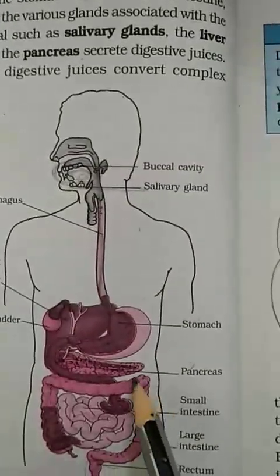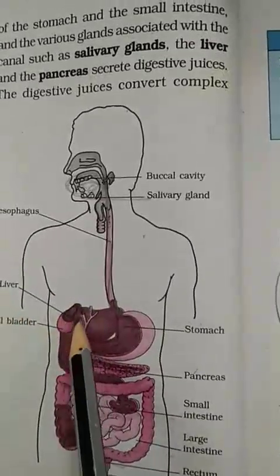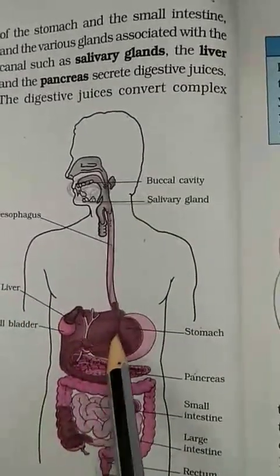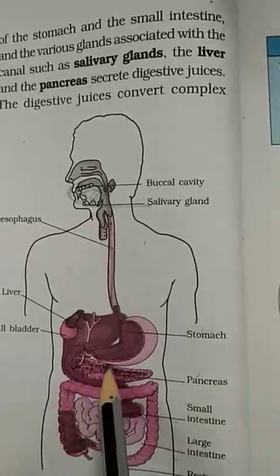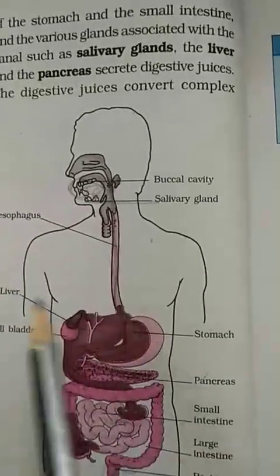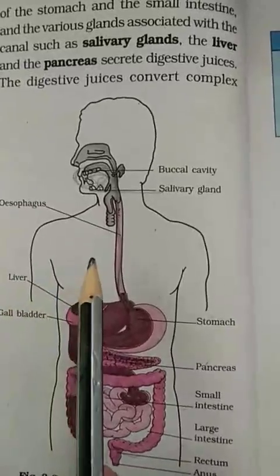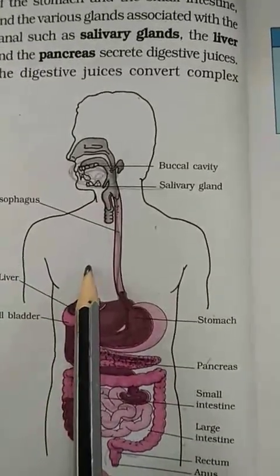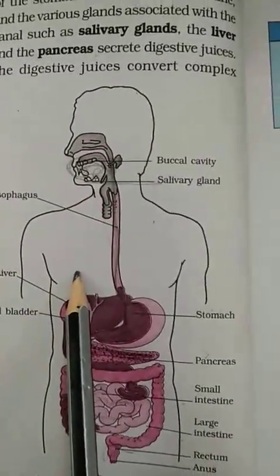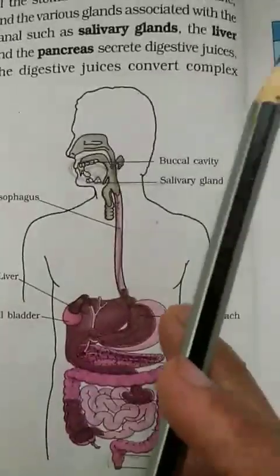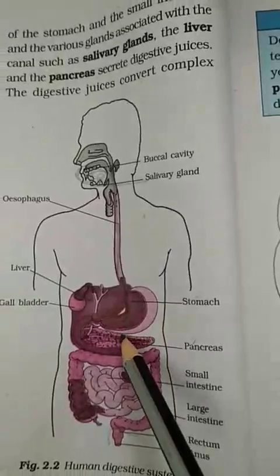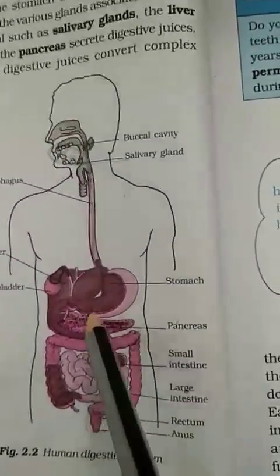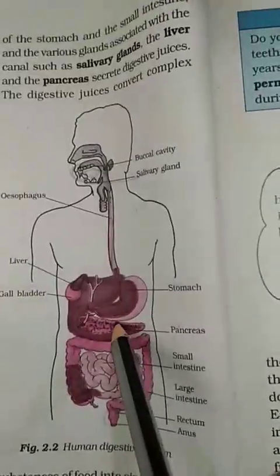The liver is present over here beside the stomach, and the pancreas, which you can see below the stomach, secretes the digestive juices. What is the work of these glands? The salivary gland, liver and pancreas secrete the digestive juices which help to digest the food.